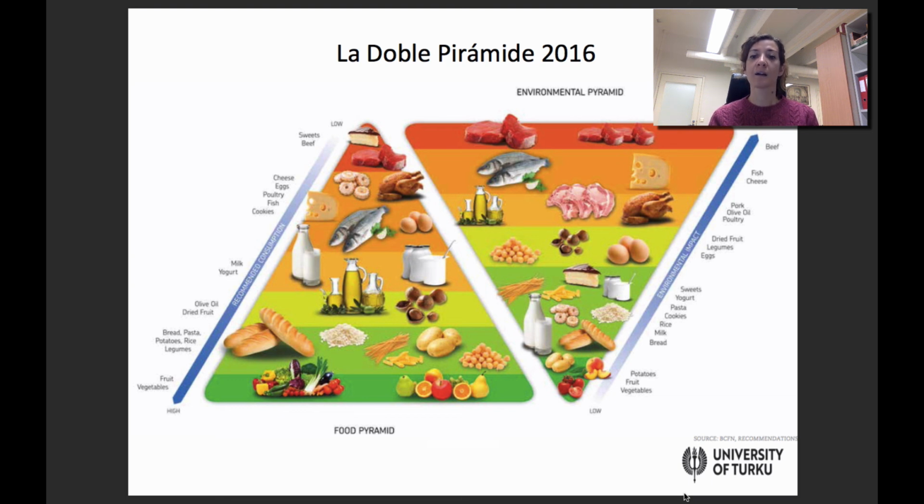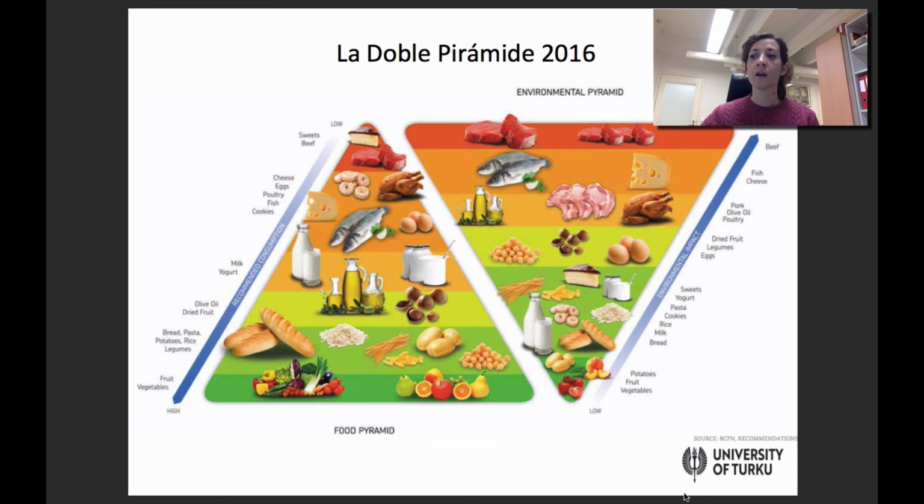Just to go back once again to the double pyramid, we have now seen all the different impacts that have been calculated. We have seen carbon footprint, we have seen water footprint, and we have seen the ecological footprint. And all of them together, when summarized, give this result for the environmental pyramid.